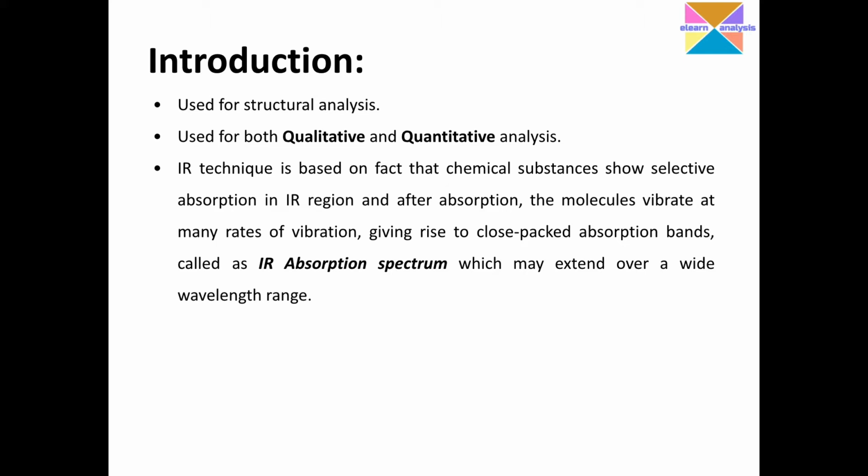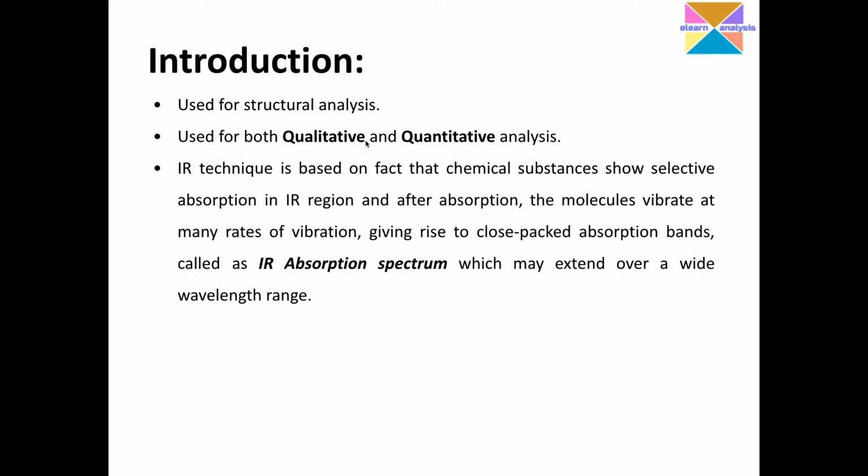Any compound, organic or inorganic, that has covalent bonds and absorbs various frequencies of electromagnetic radiation in the infrared region of the electromagnetic spectrum can be analyzed in this technique. The second thing is it can be used for both qualitative and quantitative analysis.